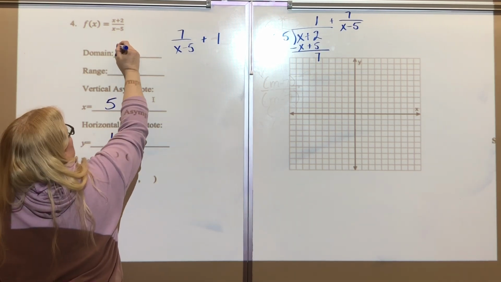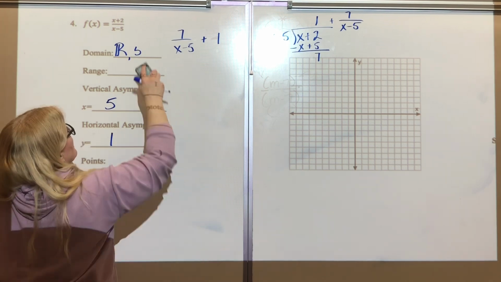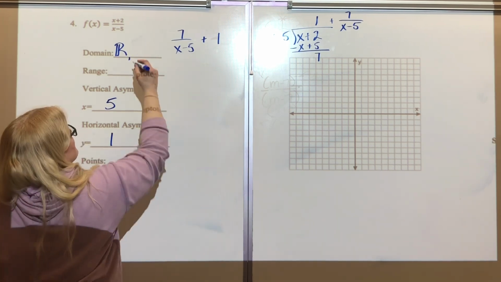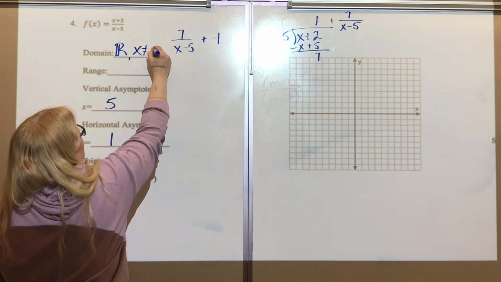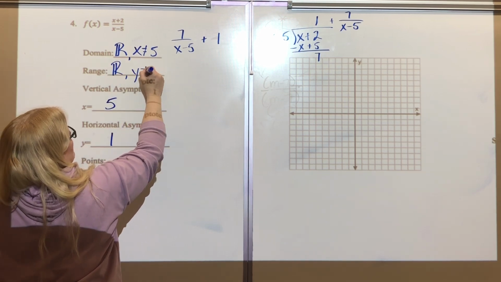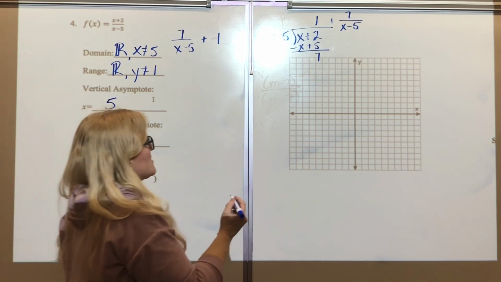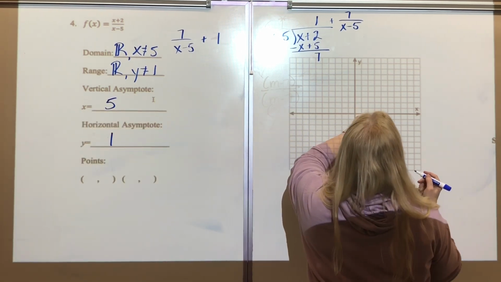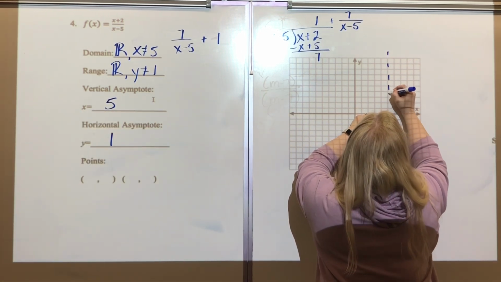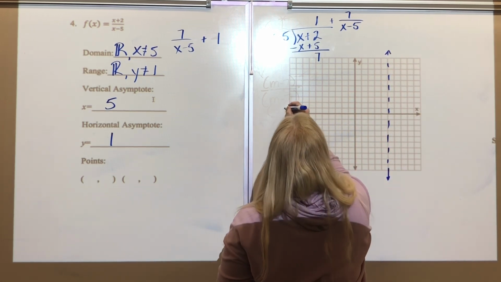So my domain is all real numbers x doesn't equal 5, and all real numbers y doesn't equal 1. Okay, so x is 5, y is 1.